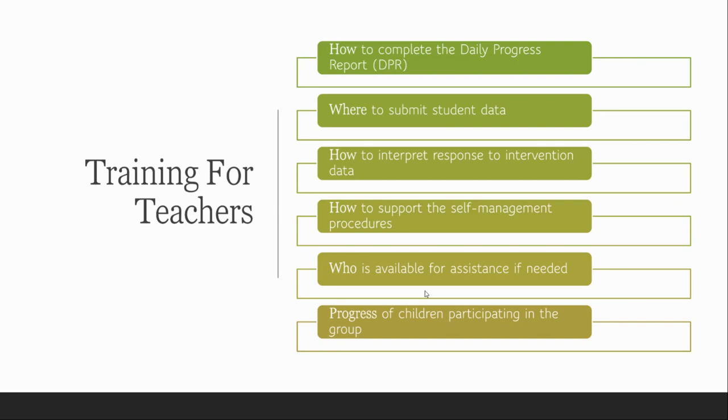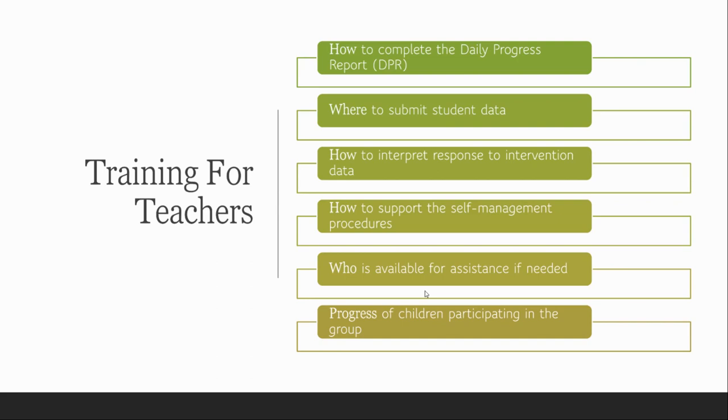Where to submit student data that they may have, those classroom minors, any documentation that they may be collecting on students, and how to interpret response to intervention data. They need to be kept abreast of that student's data, so that coordinator and facilitator should be sharing that data and those graphs so that the teachers understand how well the students are responding.